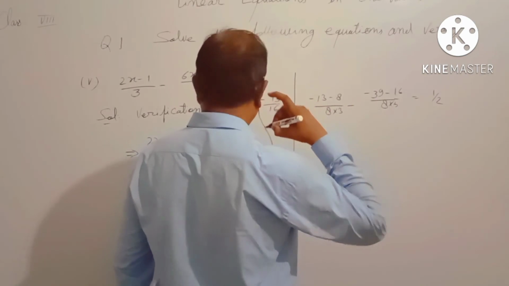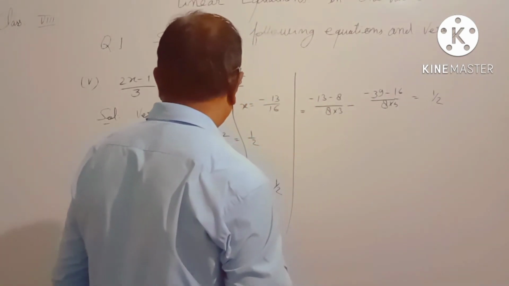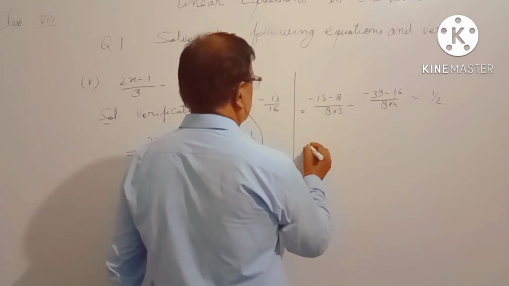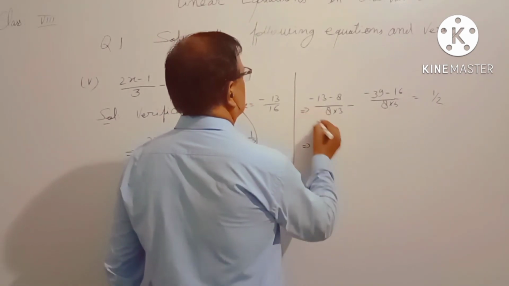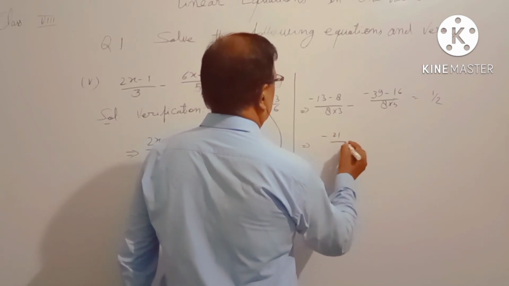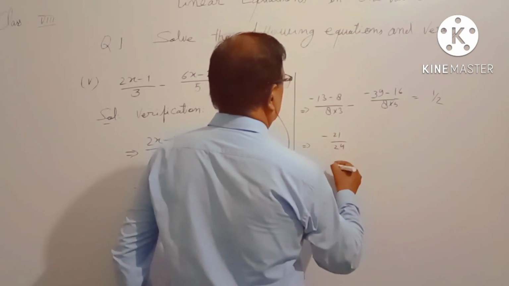As we are seeing here, now all the terms are negative, then minus minus plus here, then minus 21 by 24.